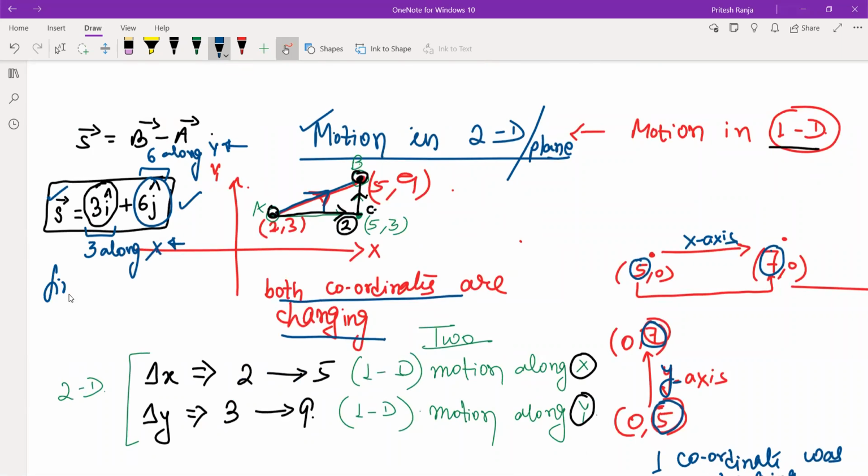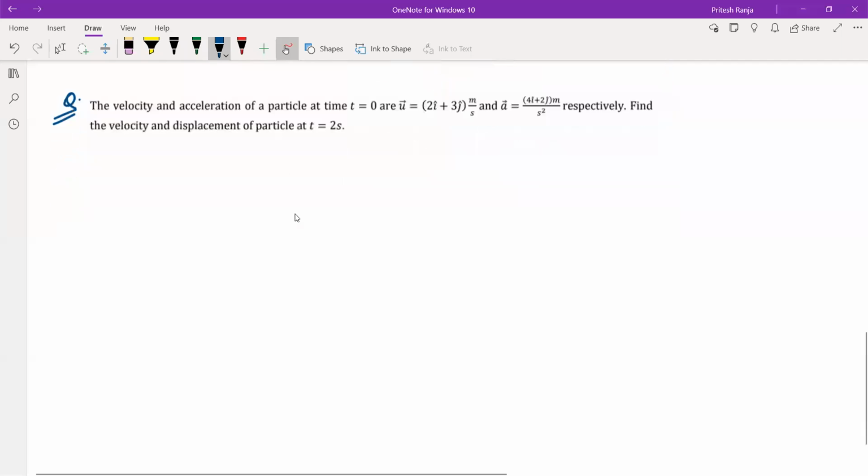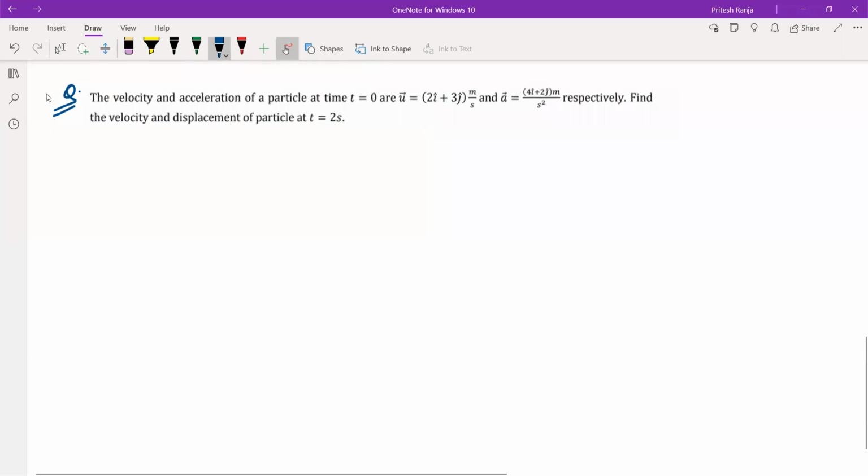Question was to find displacement, and whoever gives the result in root of 3 square plus 6 square, that's the only magnitude of displacement, not the complete displacement, because it involves direction along with the magnitude, which can be computed easily. So if vector is asked, we will find out the vectors. So let us do this one.